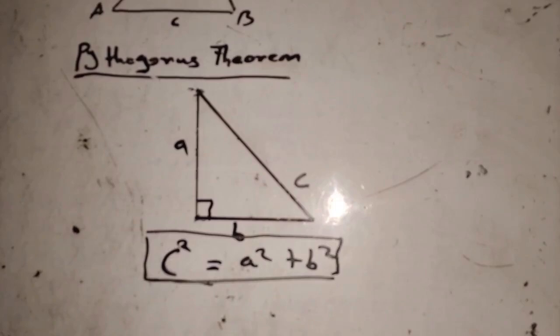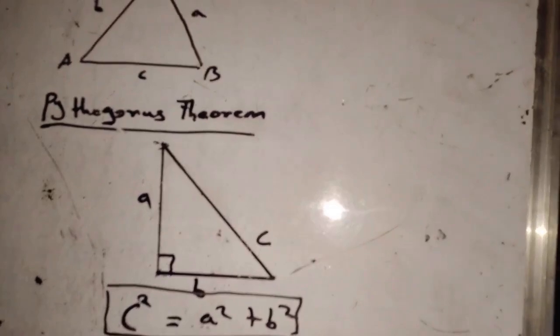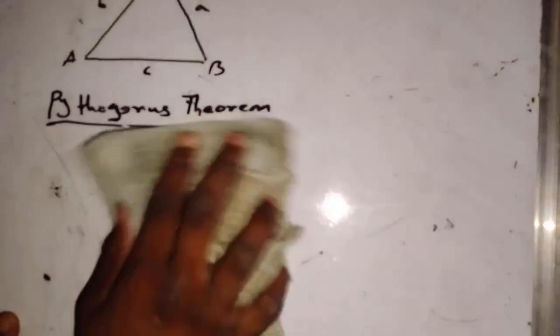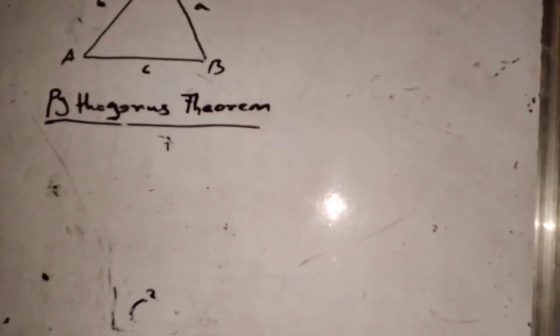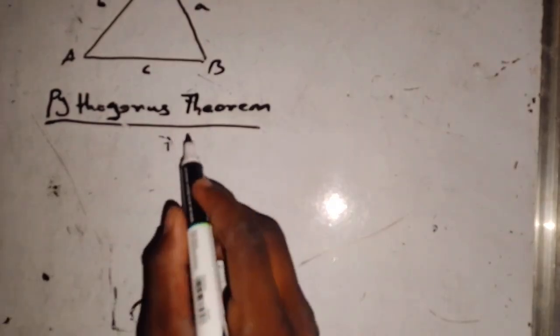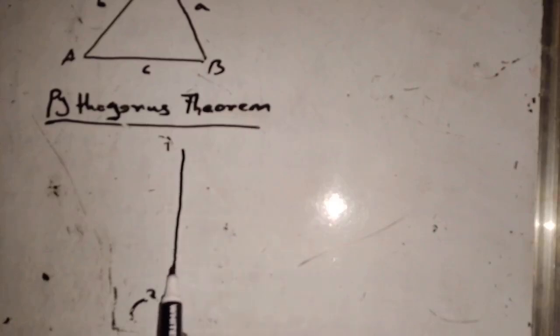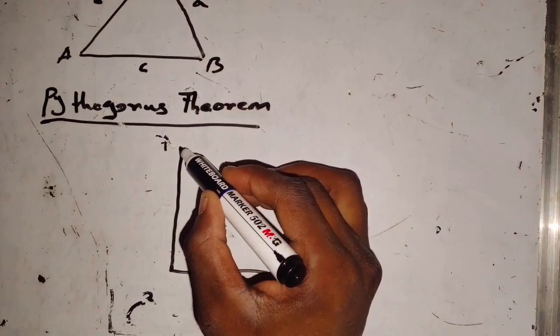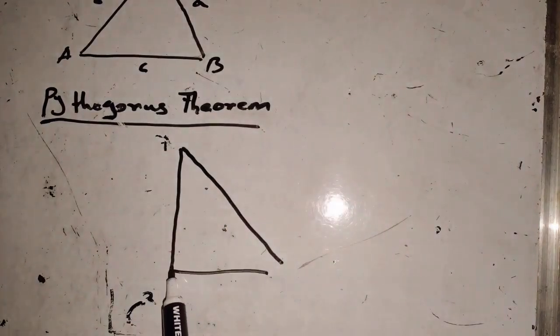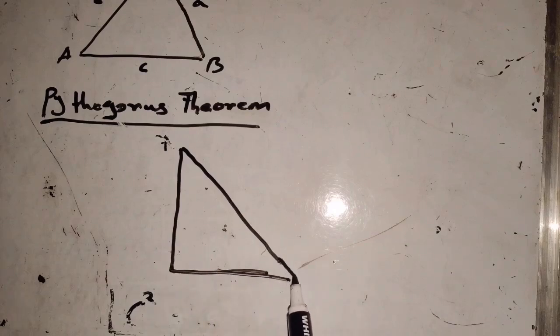Let's do one example on the Pythagorean theorem. We have a right angled triangle.